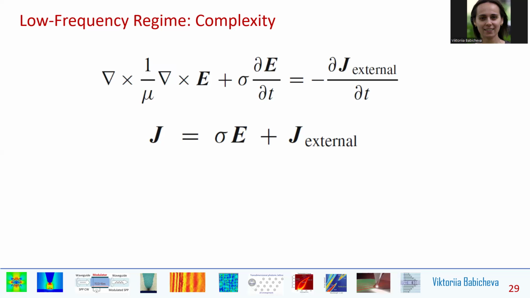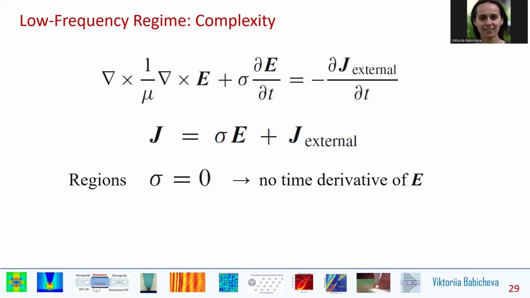However, the low frequency approximation is mathematically more complicated because of regions with sigma equal to 0. The time derivative of E drops out of the equation, and as a consequence, this equation gives no information about nabla E in the non-conductive regions, so E itself is not actually known.